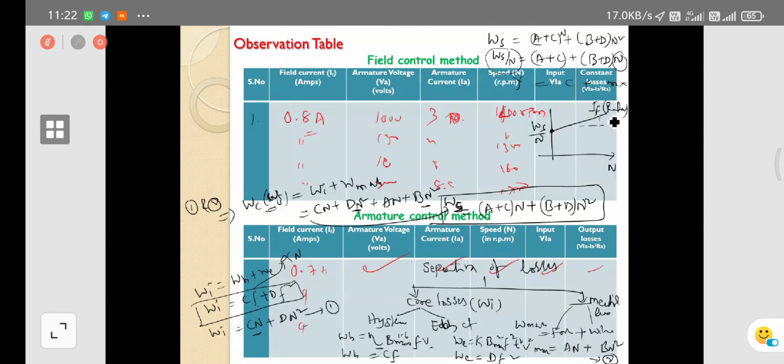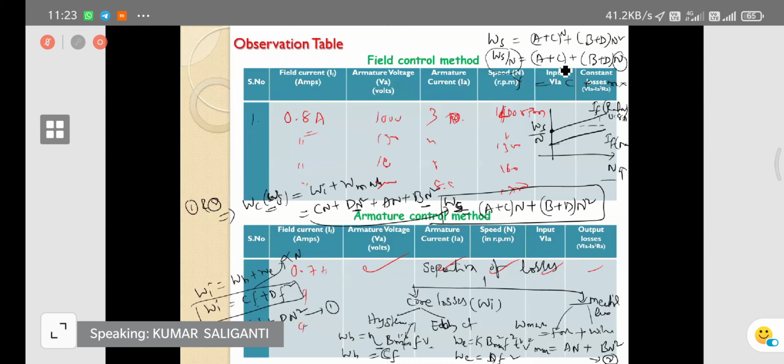If the rated field current is, say, 0.8 amps and the field current is reduced, then this next line is the reduced field current. If the field current is reduced, Bmax, the maximum flux density, changes, so the C value and the D value can change.